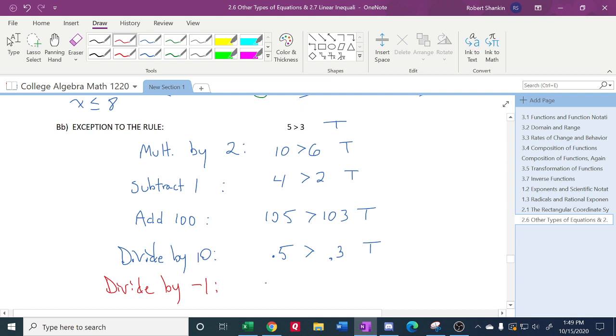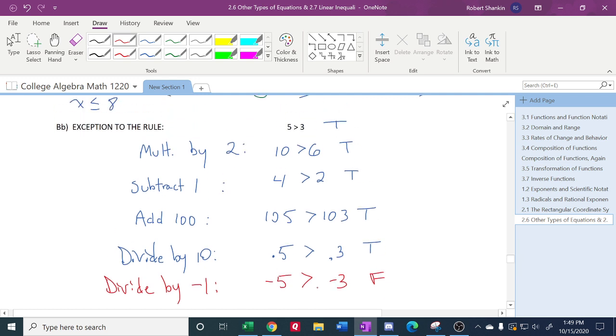So then, negative 5 and negative 3. Now, who has more money? The person who only owes $3 or the person who owes $5? It's now false. This is saying the person who owes $5 has greater wealth than the person who owes $3, and it is false.